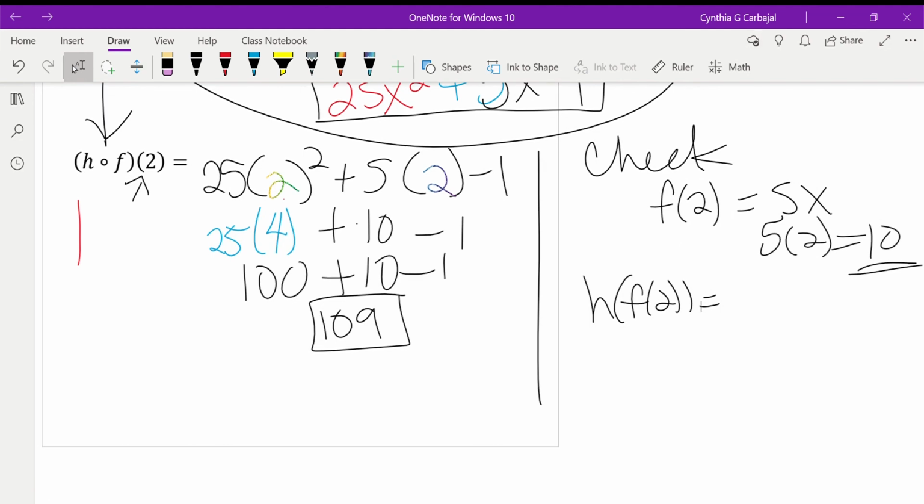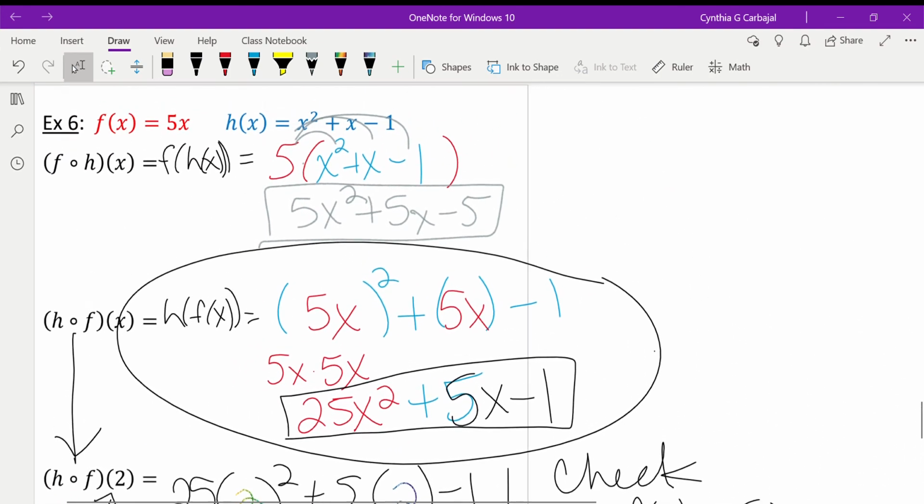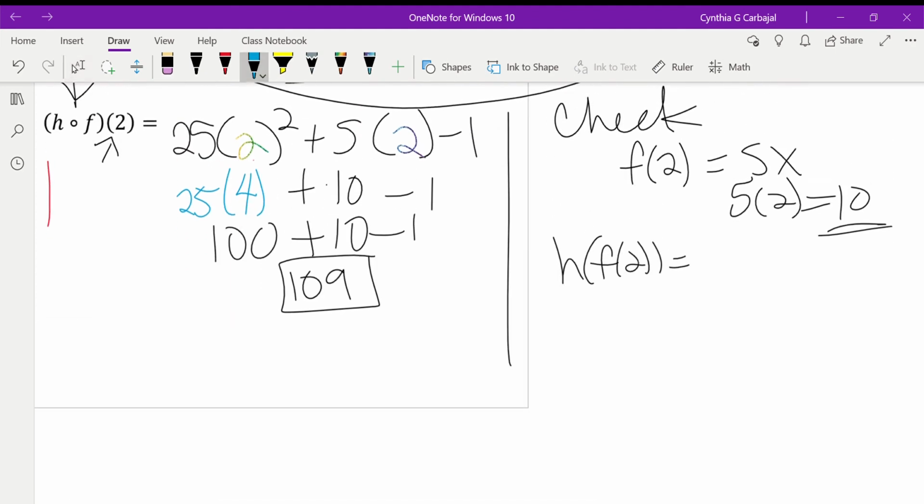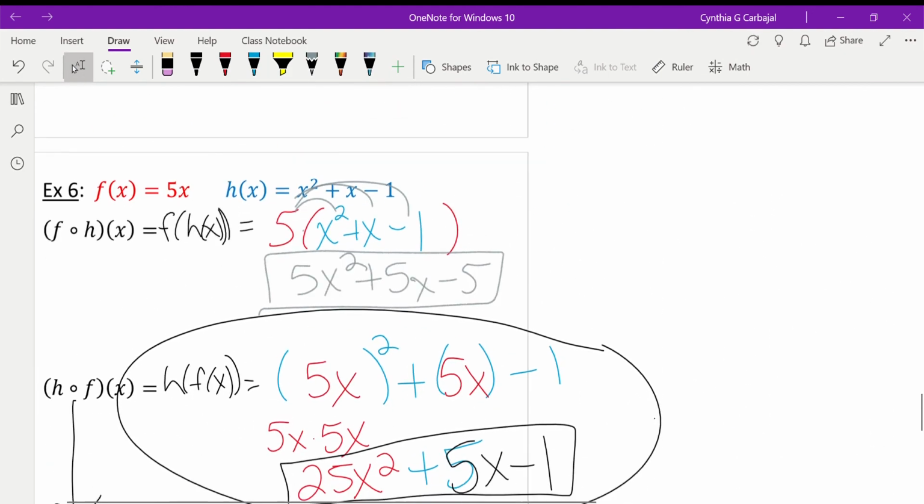So I'm going to go back up here and look at what the h function is. H is x squared plus x minus 1, so I'm going to write it here. x squared plus x minus 1. And I'm just going to double check that I copied that right. x squared plus x minus 1. Yes.